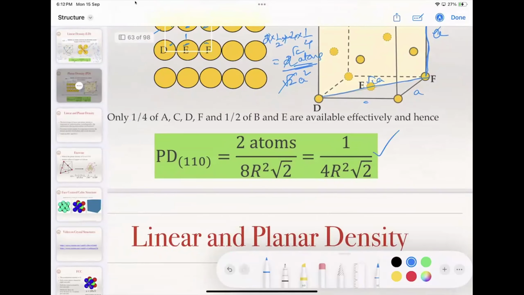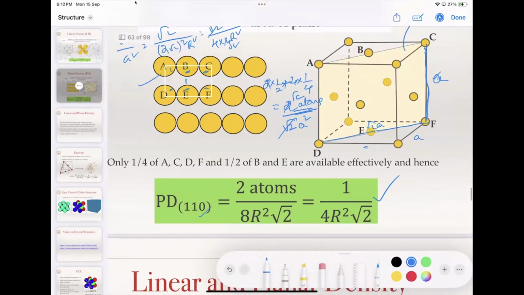This is the planar density of the 110 plane in an FCC lattice.